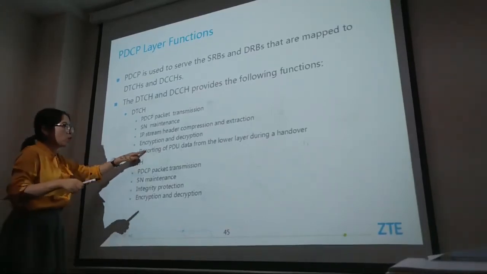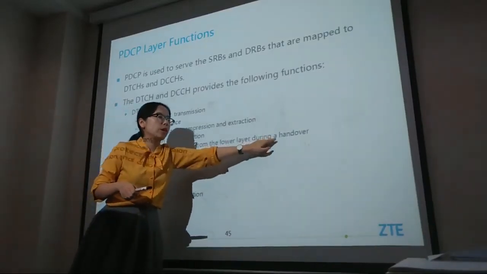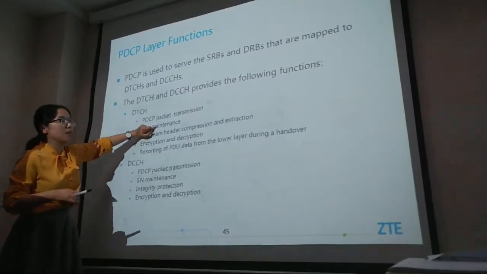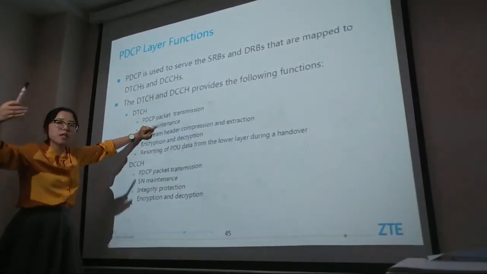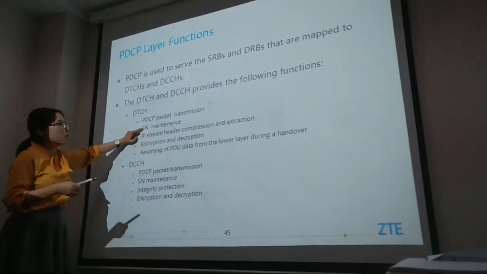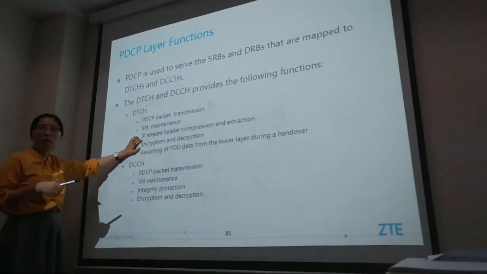So it will forward the PDU data from the lower layer during a handover. And during the handover, I need to use this SN. We also need to transmit the SN number to tell the target which one it is now.